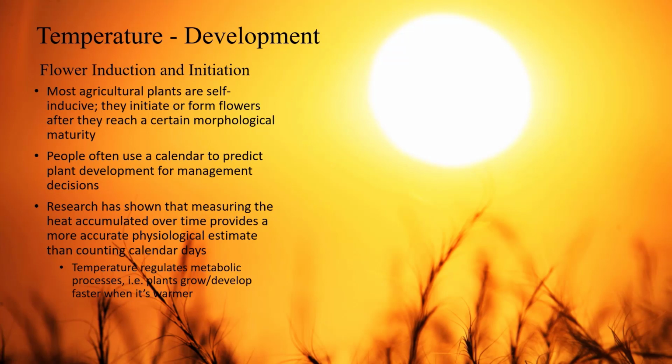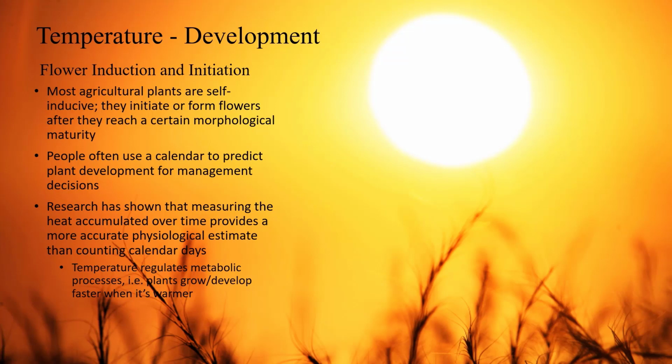But in reality, if we want to be real accurate, research has shown that measuring the heat accumulated over time provides a more accurate estimate than counting calendar days. And this goes back to that process when we talked about vegetative growth and the effect of temperature. That is because temperature regulates our metabolic processes, right? So if we're recording temperature, we are recording, as a proxy, the speed at which all the metabolism is occurring, and the speed at which our plants are growing and developing, right?